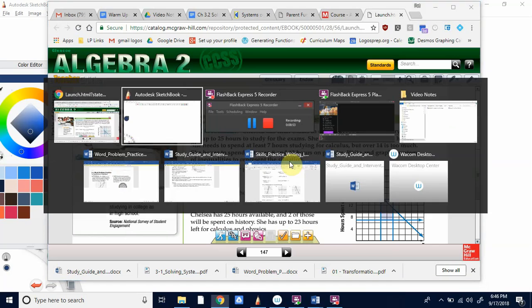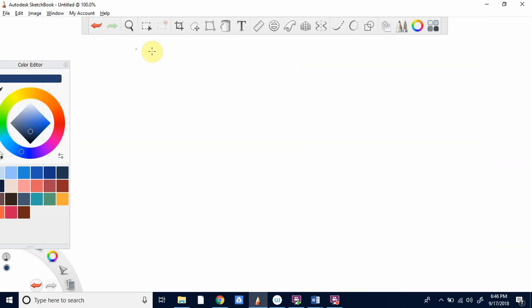So the first thing we want to do is identify our variables. We're going to use C to represent the calculus and P to represent the physics. So you always want to identify your variables. Now we said we want to study at least 7 hours, so C is greater than or equal to 7, but less than or equal to 14, because over 14 is too much.